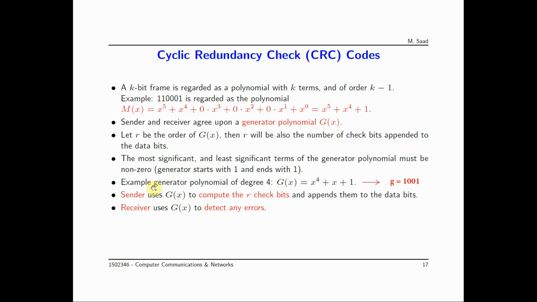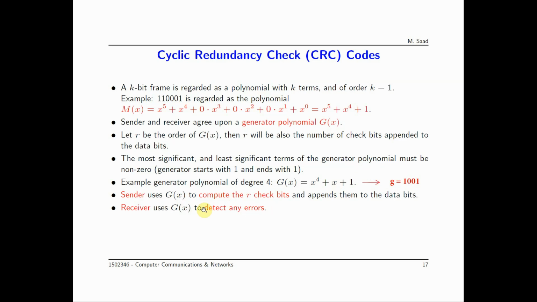It uses that generator to compute the check bits. So in this case, the sender would compute 4 check bits, add the check bits to the data, and then send. When the receiver gets its received sequence, it will use the same generator polynomial or generator sequence equivalently to detect if there are errors or not.